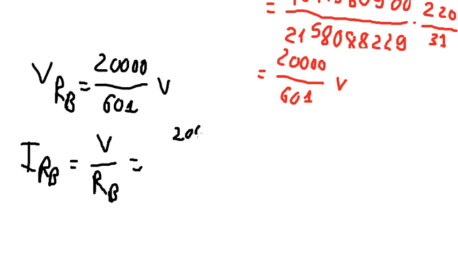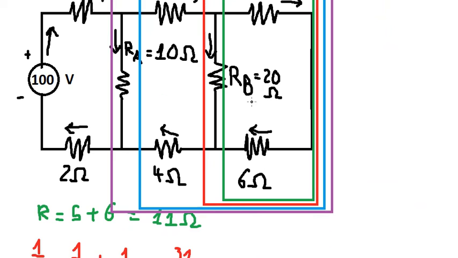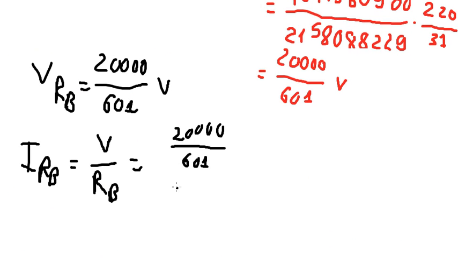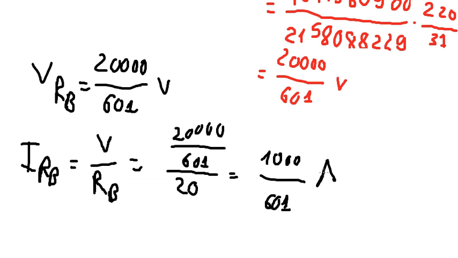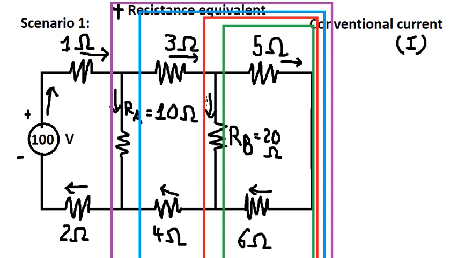So we have this number in here. We divide by 20. And this one we have 1000 over 601. This is for scenario number 1.